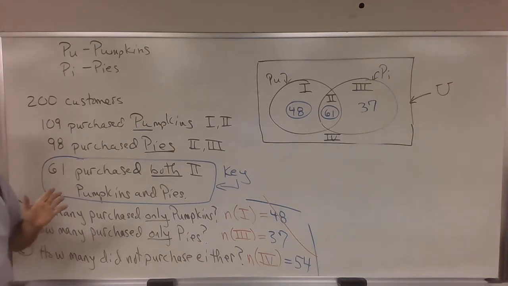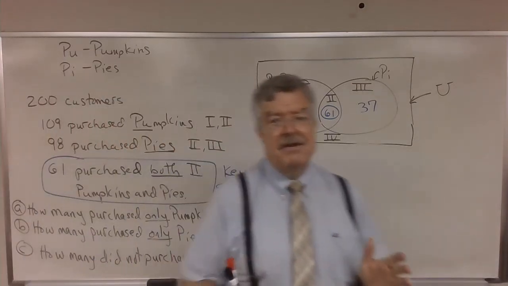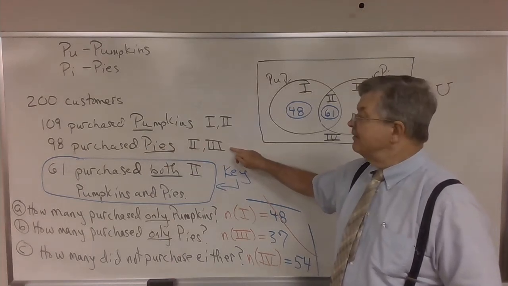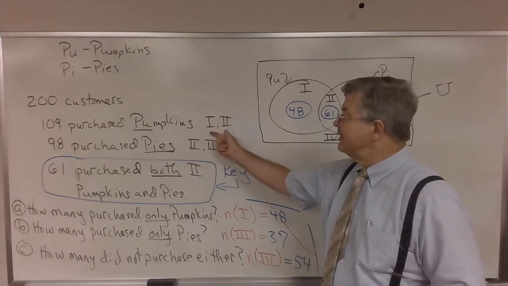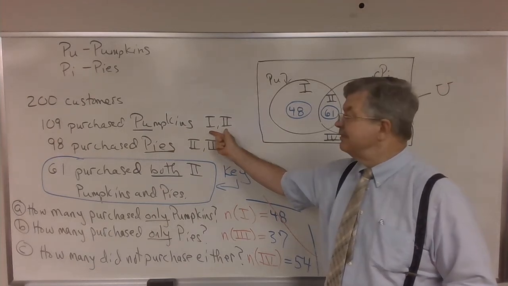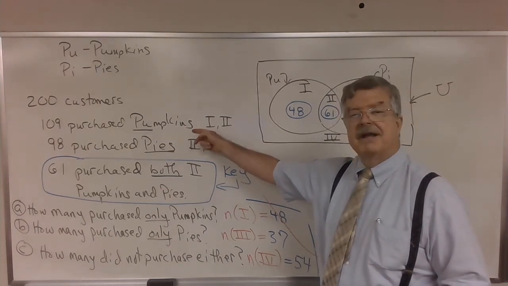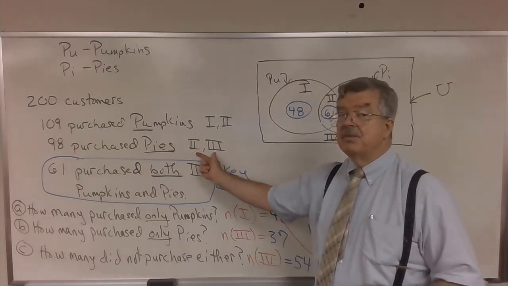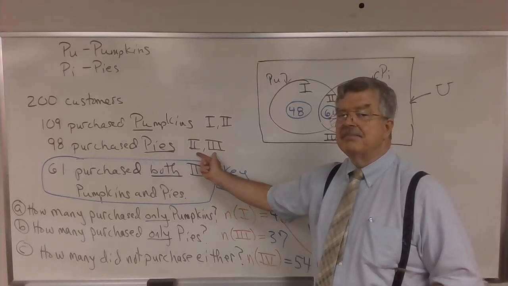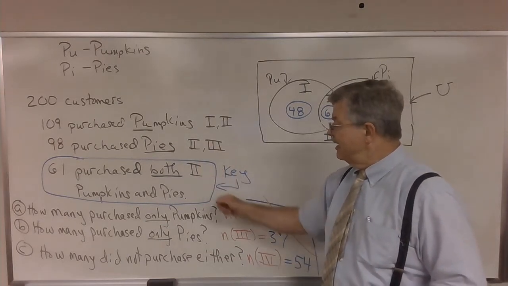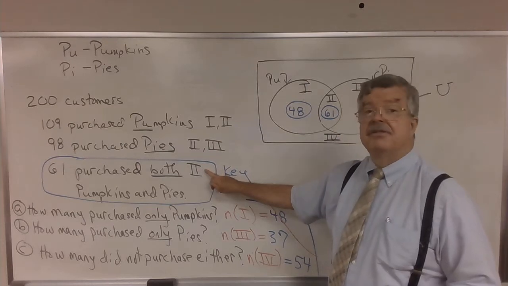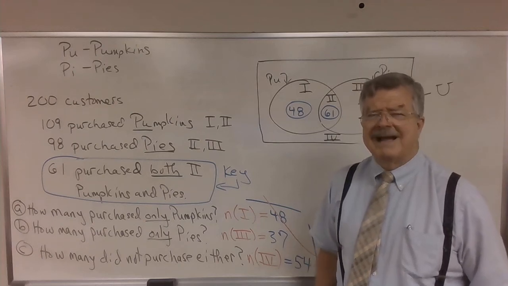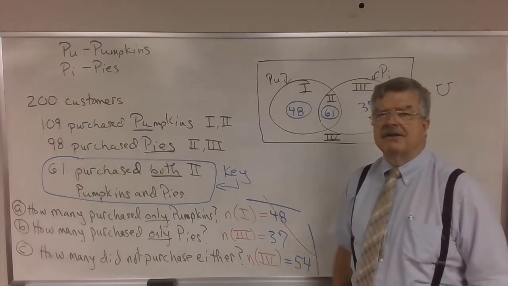But again, if we hadn't drawn the Venn diagram and labeled all of this stuff, for example, if we hadn't written this down and told us which regions contain these 109 people, and if we hadn't written this down and also written down which regions contain these people, and if we hadn't written this down and realized this is just region 2, we could be spinning our wheels for hours trying to solve this exercise.